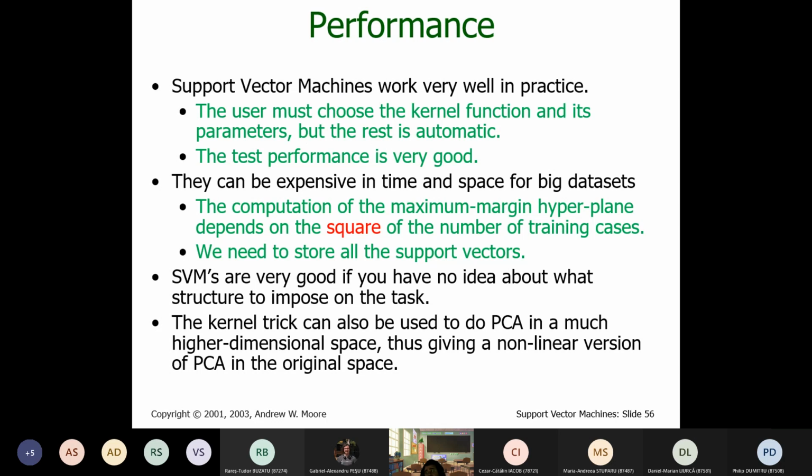What we expect to see in the future is networks of SVMs, as we saw multi-layer perceptrons evolving in this deep learning methodology with a lot of hype around it.